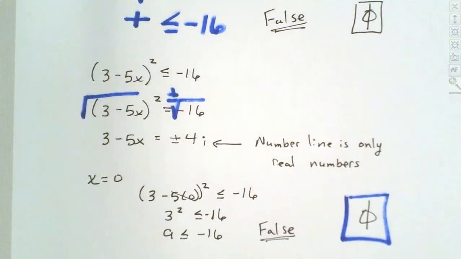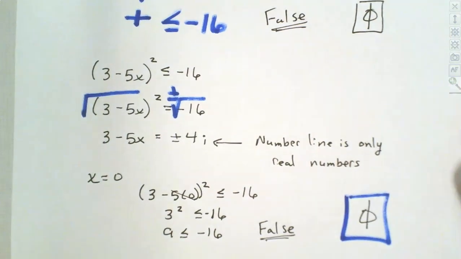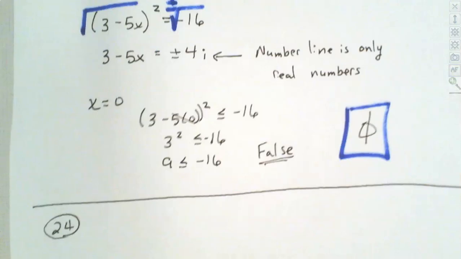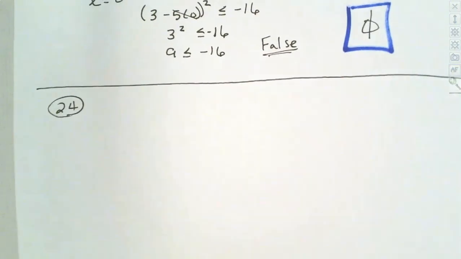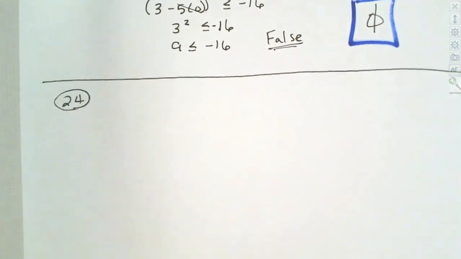Okay, let's look at two more. I'm going to look at 24 and 25. These we've talked about today. These are ones that are very, very simple, but students make a mistake.